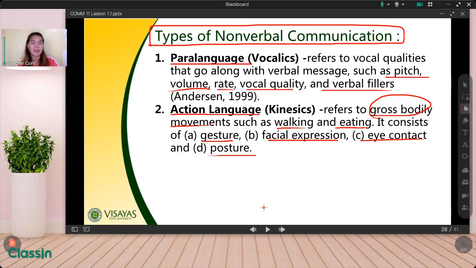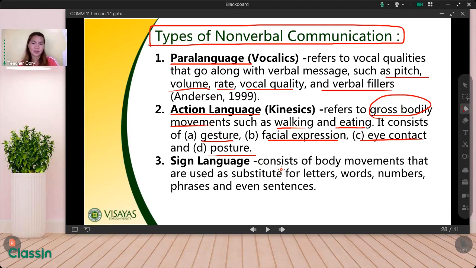So there are actually other ways of also communicating. We'll just apply this in class. So sign language. Sign language consists of body movements that are used as a substitute for letters, words, numbers, phrases, and even sentences. So instead of using words or numbers, you use sign language.